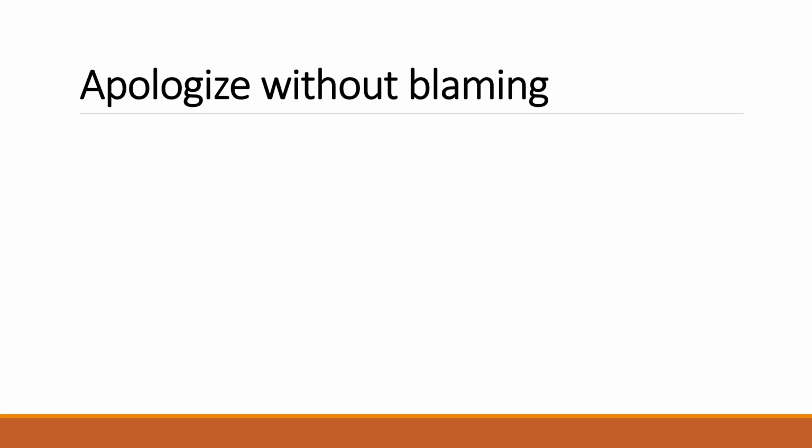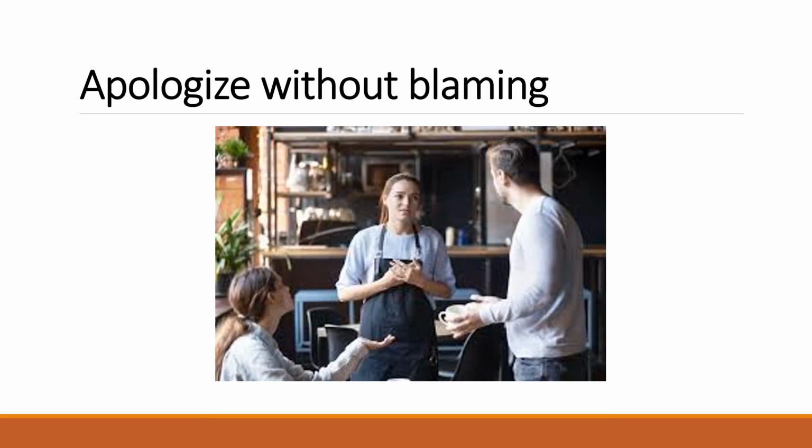The next one is to apologize without blaming. We should say sorry if there is a mistake from our end, or if there is any production problem. We should listen carefully, ask questions, and if there is a genuine problem, we should apologize.